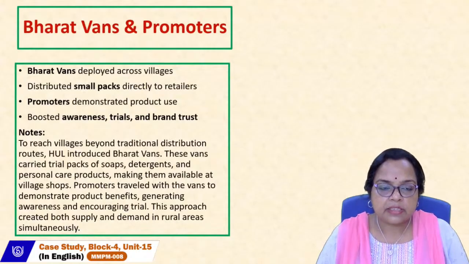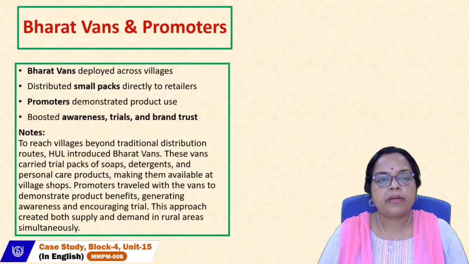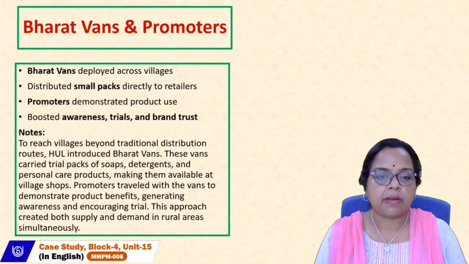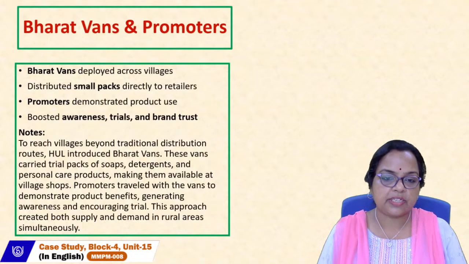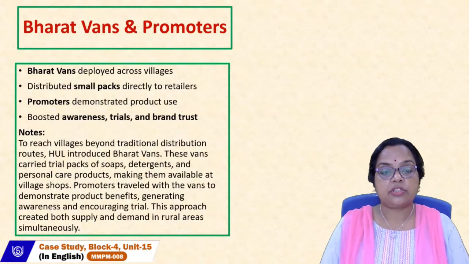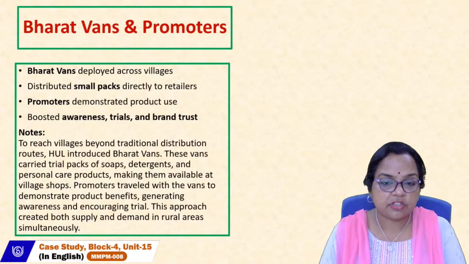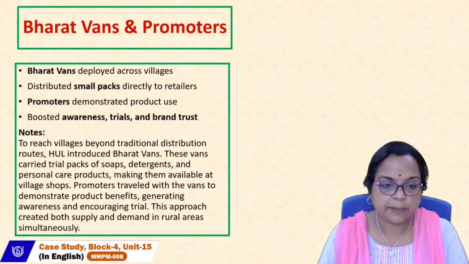They have a van system. Usually they used to travel with their van with the products. They used to have the demonstration on the spot. But they again reintroduced the concept in the name of Bharat vans and promoters to reach villages beyond traditional distribution routes. HUL was having traditional distribution routes, but many villages were not having that facility.